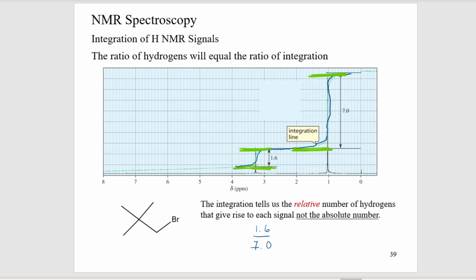Okay, let's get this into whole numbers. I think the easiest thing to do is to say, if I want to make 1.6 a whole number, just divide it by itself. So I can take the lowest number and divide it by 1.6. If I do that to both of them, I'll at least be heading in the right direction. 1.6 divided by 1.6 is 1. 7 divided by 1.6 is 4.4.